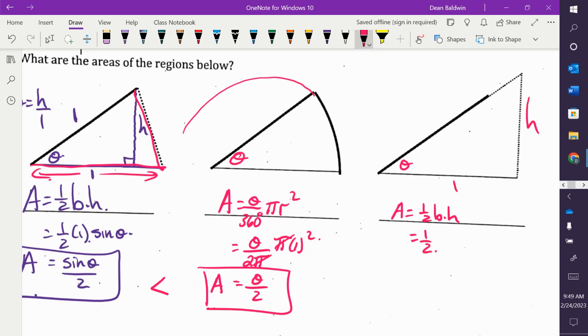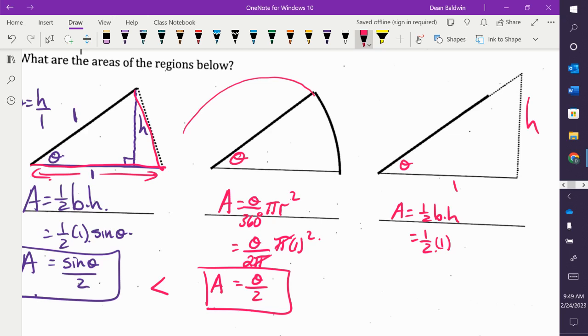What's your base? 1. Your height. What trig function is going to involve h and 1? Not sine. These two sides. Tan theta, right? Tan is opposite over adjacent.